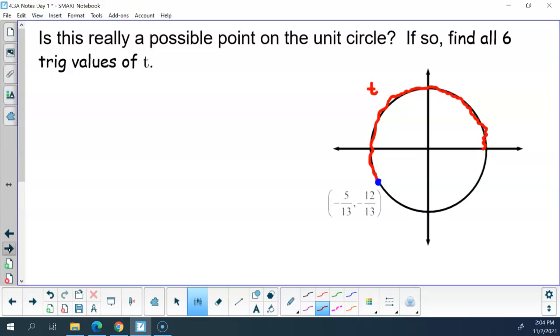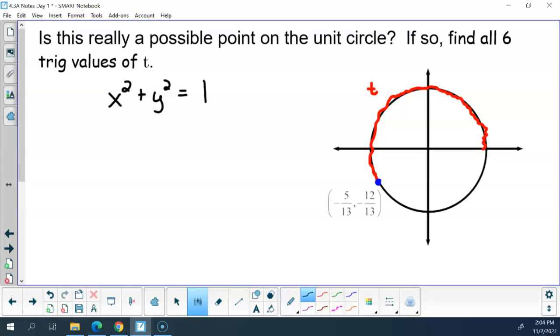We can't just say, well, yeah, it's on a circle, but it could be on any circle. Only the relationships that we just learned work for the unit circle. So the first thing we've got to do is determine if it meets the qualifications set forth by the unit circle's equation. x squared plus y squared equals 1.